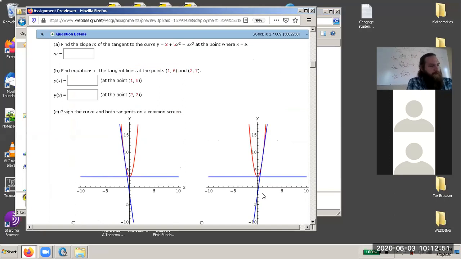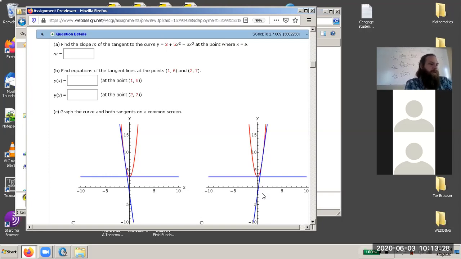Find the slope m of the tangent line for y equals 3 plus 5x squared minus 2x cubed at points (1, 6) and (2, 7).